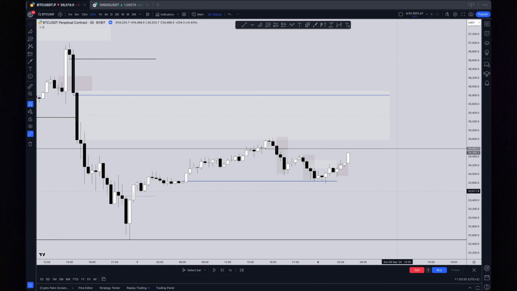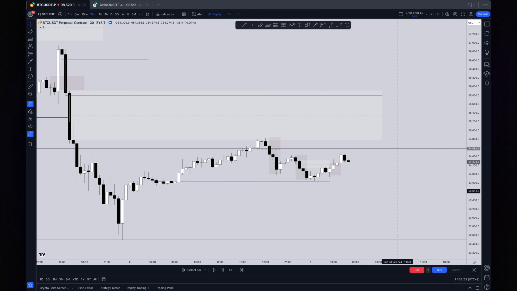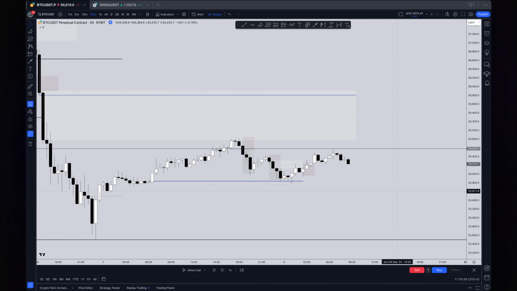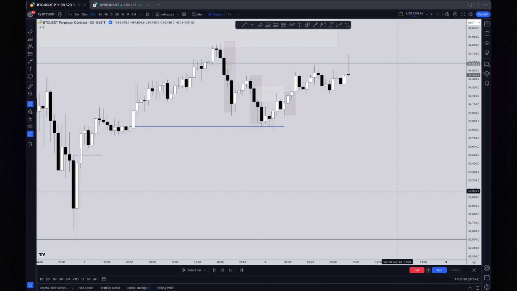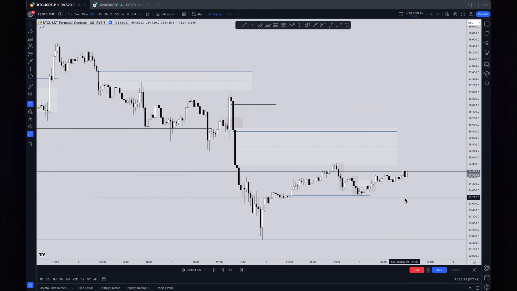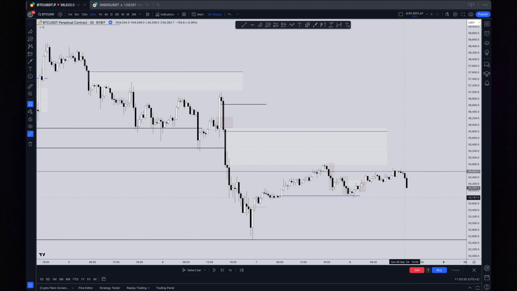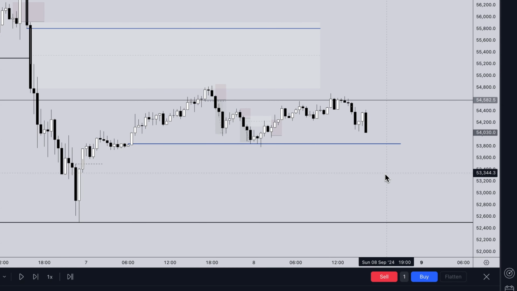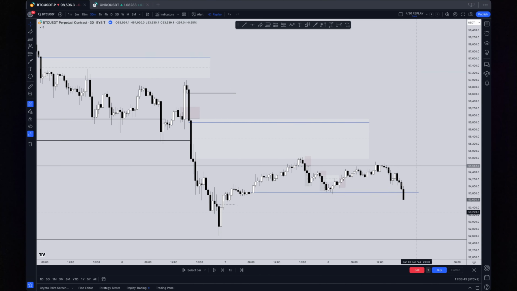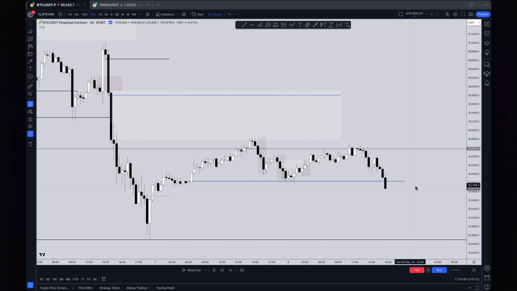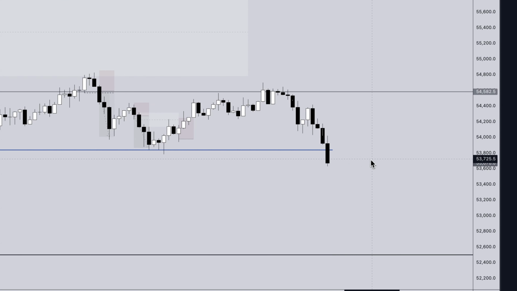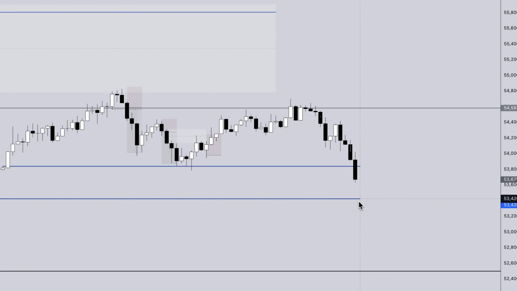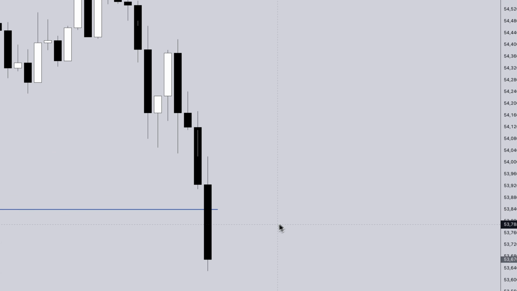So now I'm just going to wait and see for direction. Okay, that's beautiful. Close through here. So I'm going to take it down there.